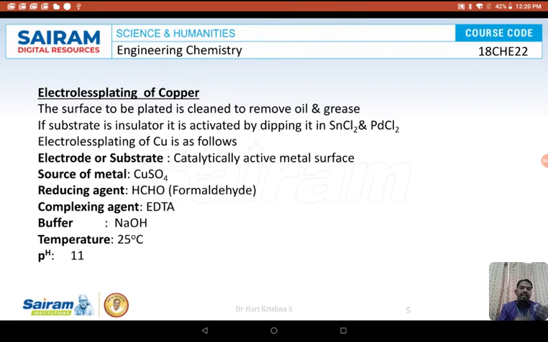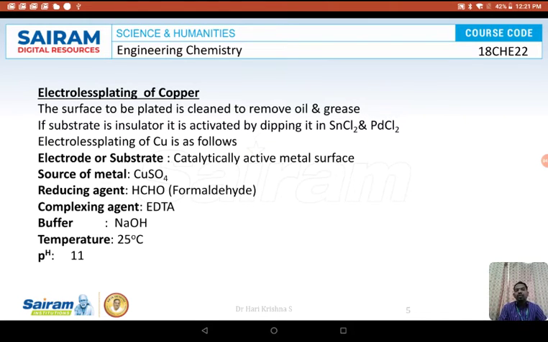Then the electroless plating is done as follows. The catalytically active metal surface will act as the cathode or substrate. For that, you are going to add a source of metal. What is the source of metal? Copper sulfate. You require copper, right? As soon as you add copper sulfate, it dissociates to give Cu2+ and SO4 2- ions. So this Cu2+ ion requires electrons to get reduced. Where do you get them? By adding a reducing agent.